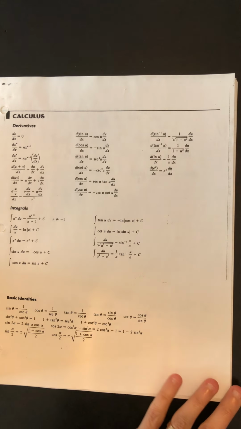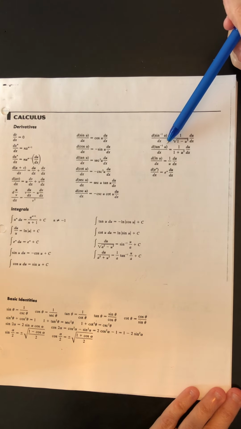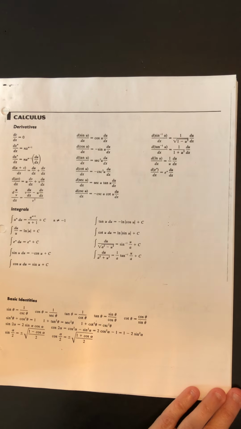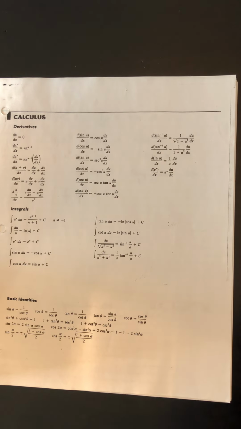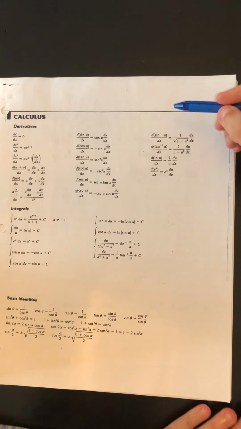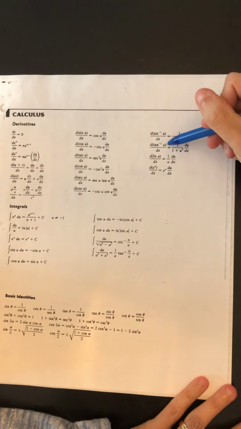In fact, it's here on our formula page, or this would be inside the back cover of your textbook. So you can find this inside the back cover of your book.